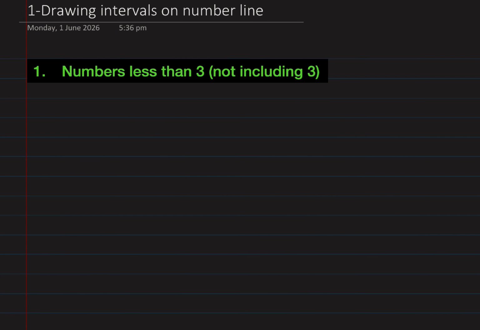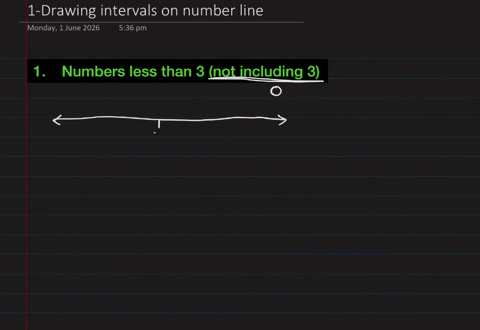Okay, so first question says numbers that are less than 3 and they're not including the number 3. So from what we learned previously, we know that we're going to have to use a circle that's not shaded in for not including number 3. And then we can draw a number line, and we draw the arrows on both sides to show that it's continuing on both sides.